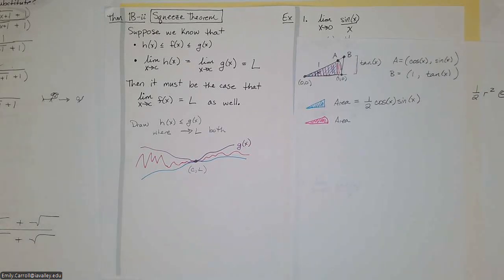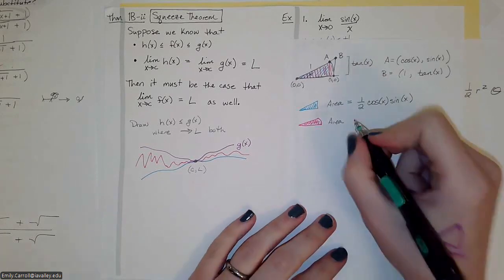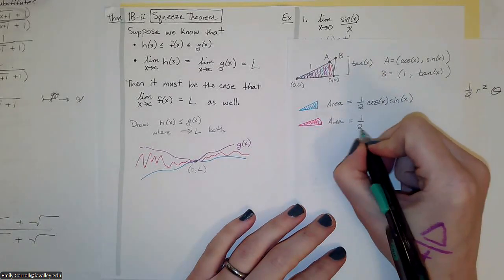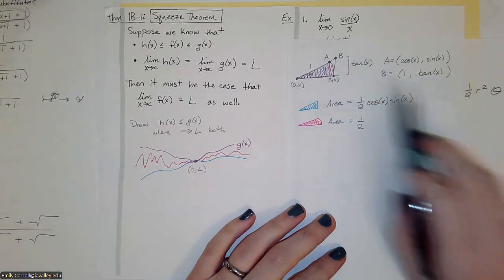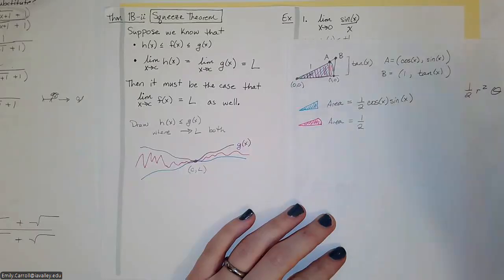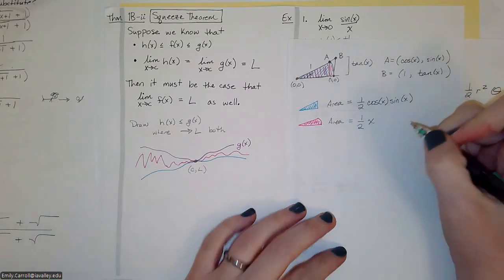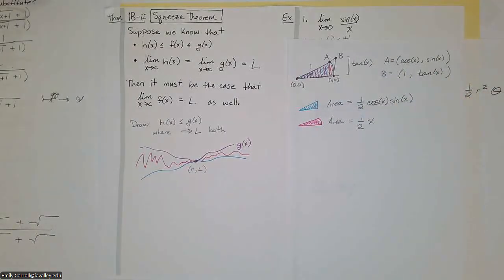That's the area of a sector. Okay, so 1/2, the radius is 1, so r squared is 1, times the angle we said was x. So that area equals 1/2 x.